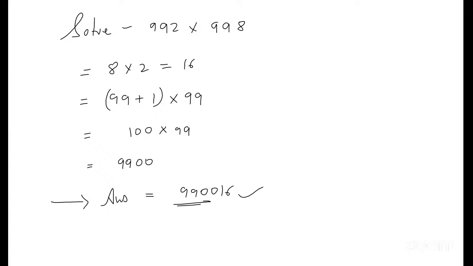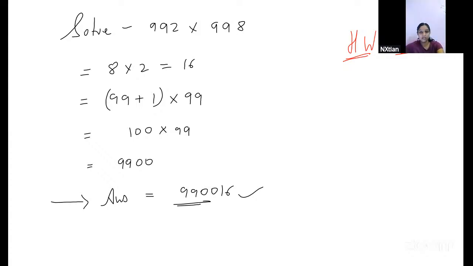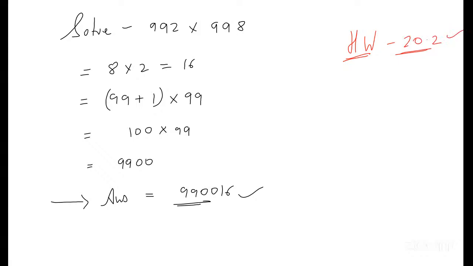Okay, I'll write it down for you. 20.2, you have to do for the homework. Now, one thing I am going to explain to you that is related to the next sutra that we are going to do.